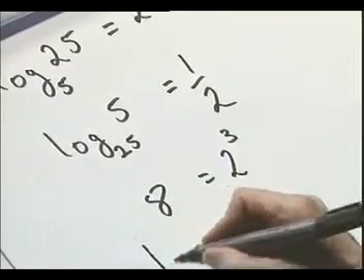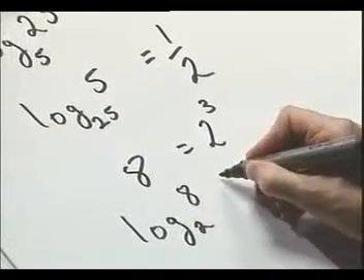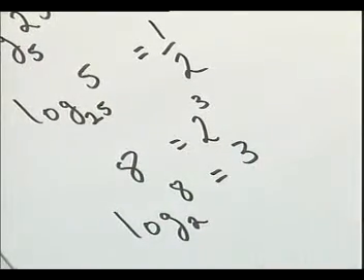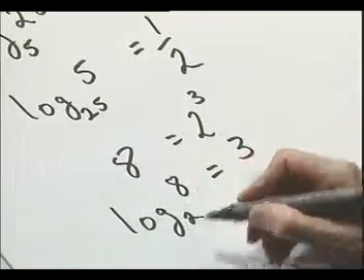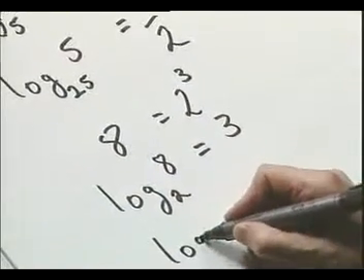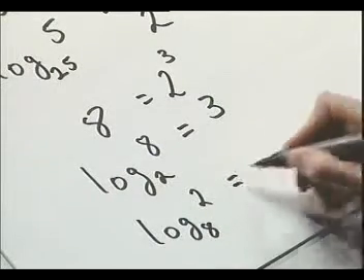And of course that means that the log of 8 to base 2 is 3. But what if we interchange the number with the base? So we ask ourselves, what's the log of 2 to the base 8?